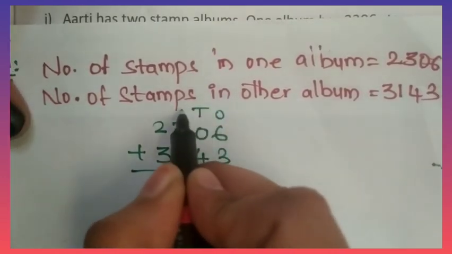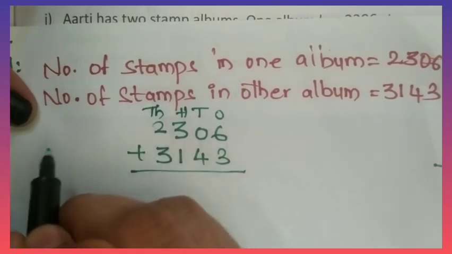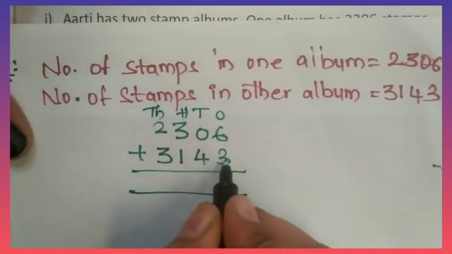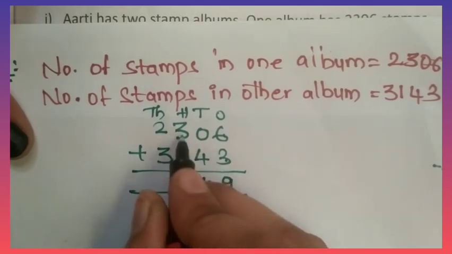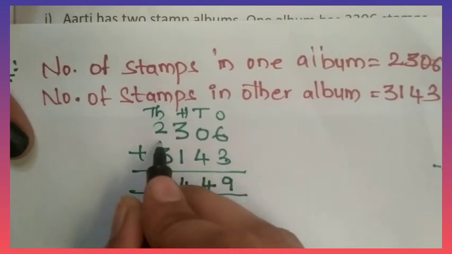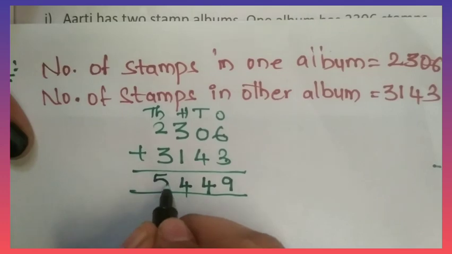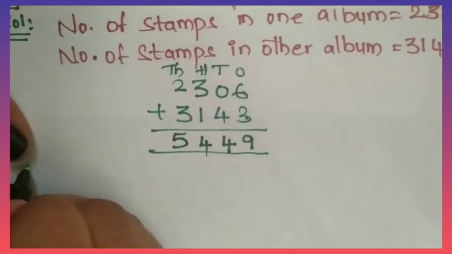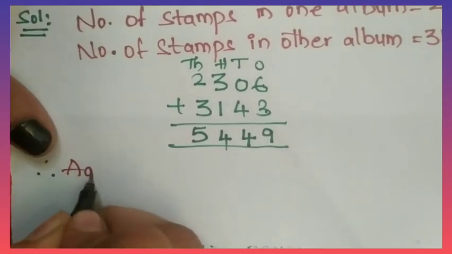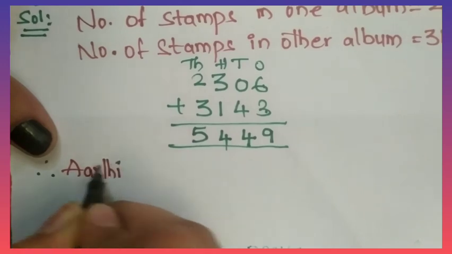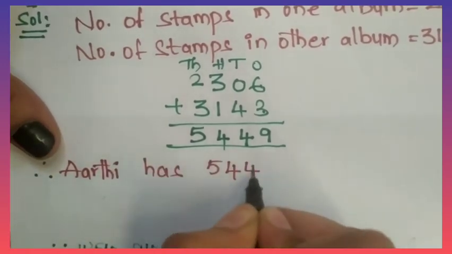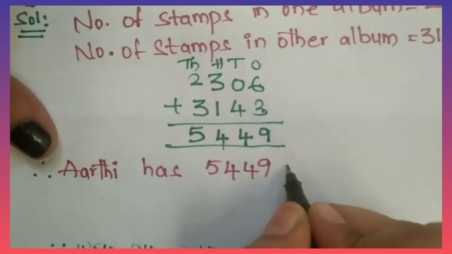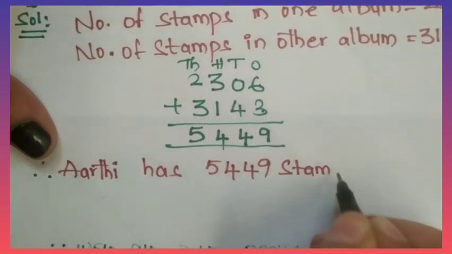Ones, tens, hundreds, thousands. 6 plus 3, 9. 0 plus 4, 4. 3 plus 1, 4. 2 plus 3, 5. Therefore, Aarti has 5449 stamps.